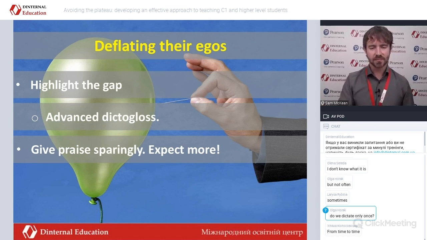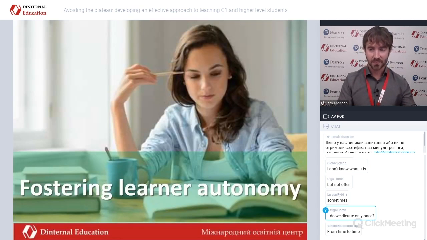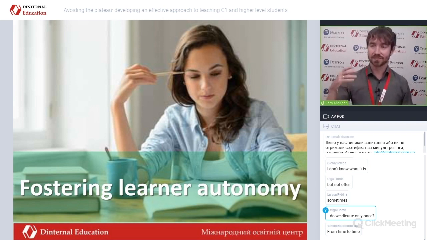So now moving on, as I mentioned earlier, we know that when students reach C1, or higher levels, the progress that they're making can be a lot slower and a lot more laborious. Okay, if our students want to avoid hitting this plateau, they need to do a lot more work independently outside of class.